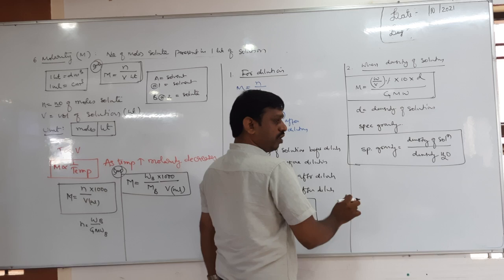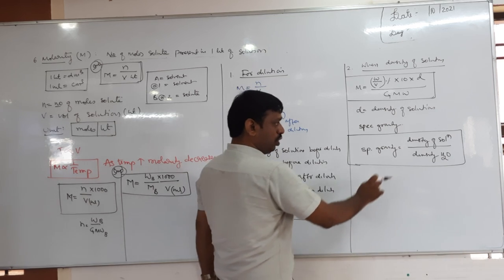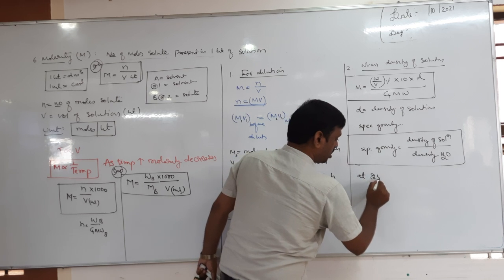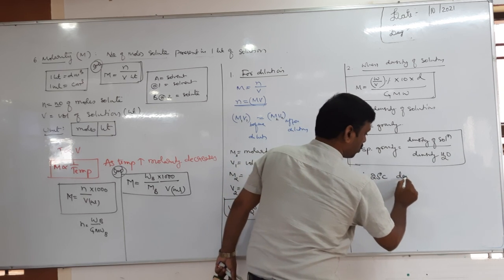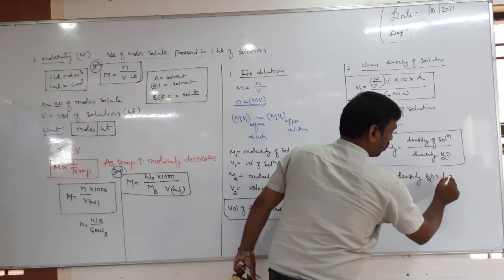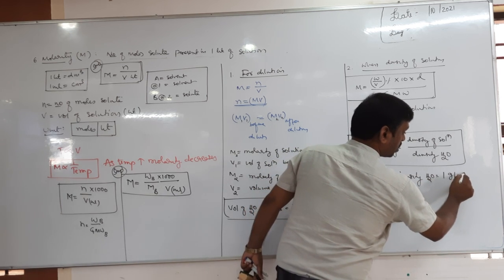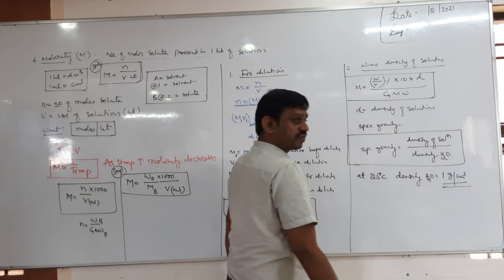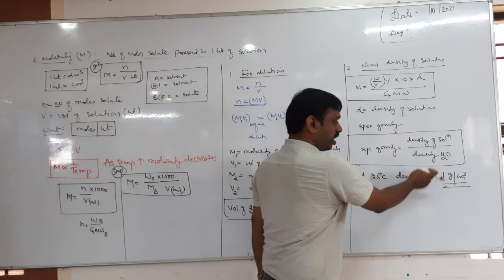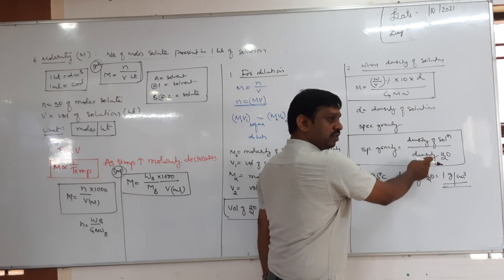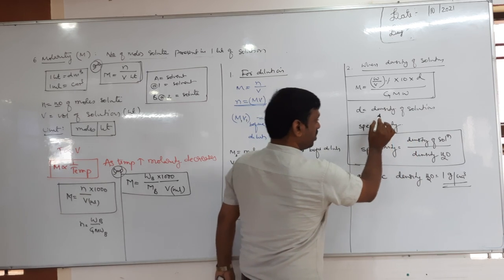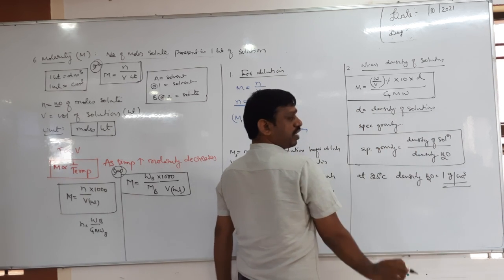So specific gravity or relative density equals the density of the solution by the density of water. But at 25 degrees Celsius, what is the density of water? Density of water is approximately 1 gram per cubic centimeter. So the density of water is 1 gram, then specific gravity equals the density of solution. Therefore, this density of solution can be taken as specific gravity.